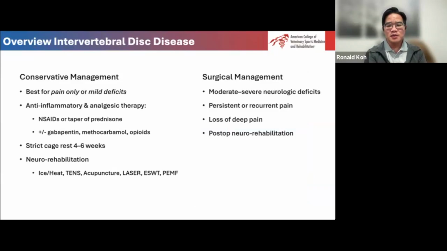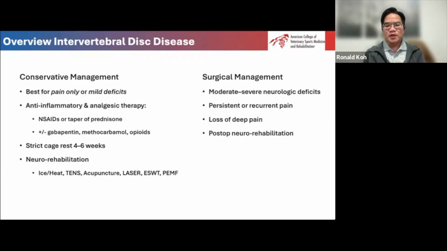Management-wise, it depends largely on neurological grade and the rate of progression. Conservative management works best for dogs with pain only or mild neurologic deficit. In these cases we usually recommend strict crate rest, typically 4 to 6 weeks.